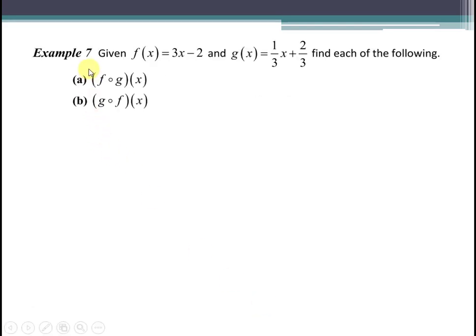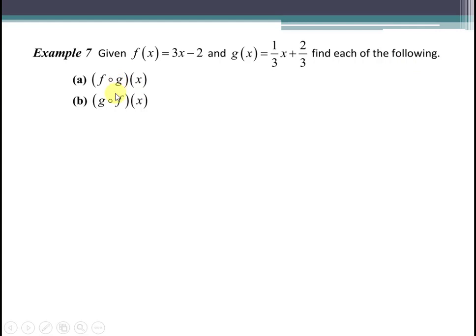Example number 7. Given f of x and g of x equal to 1 over 3 x plus 2 over 3. Find each of the following.